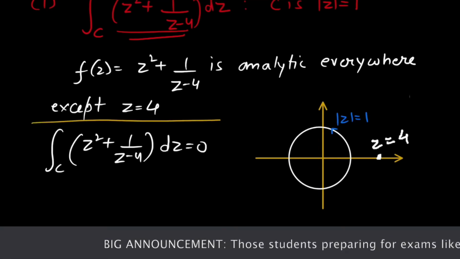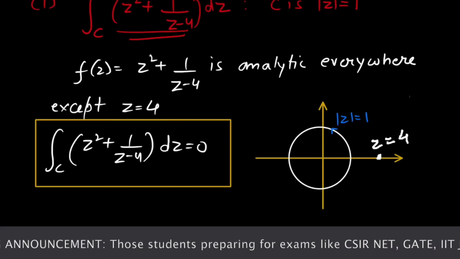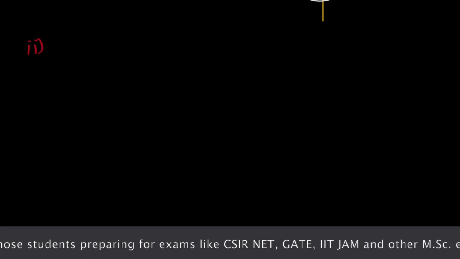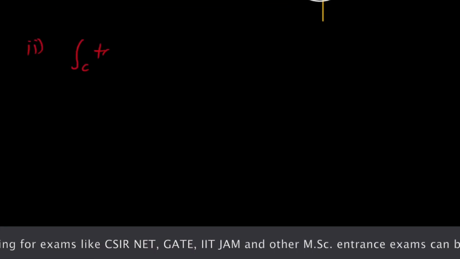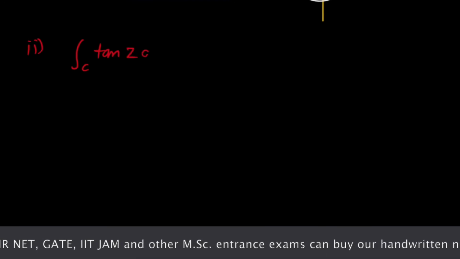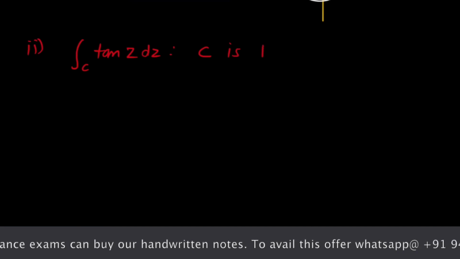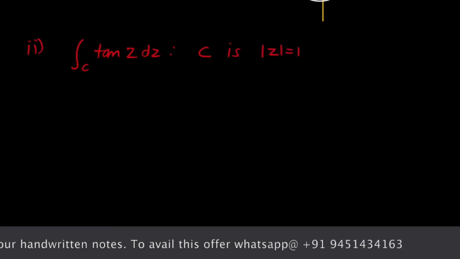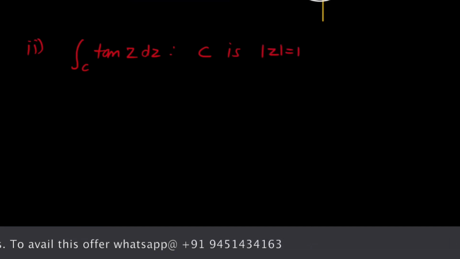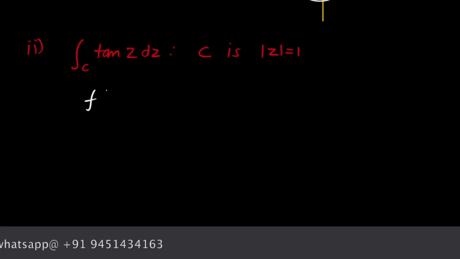Now let's see another question. Integrate tan z dz over contour C, and C is again the unit circle. So we have the function f(z) = tan z.